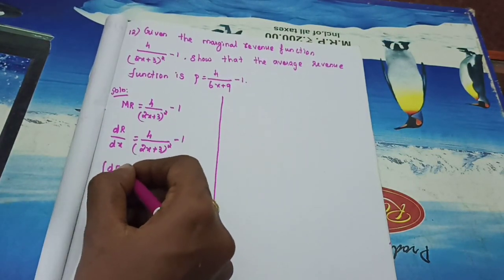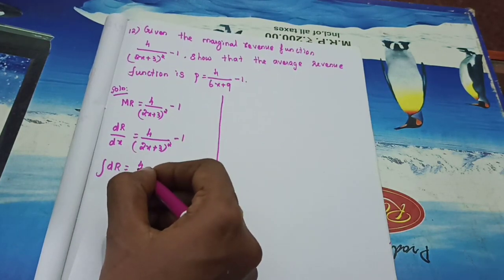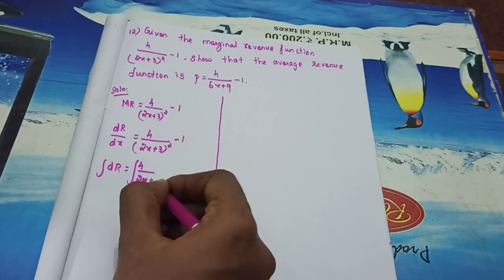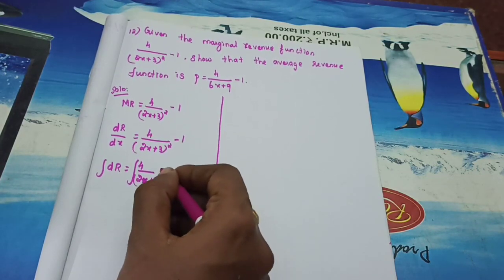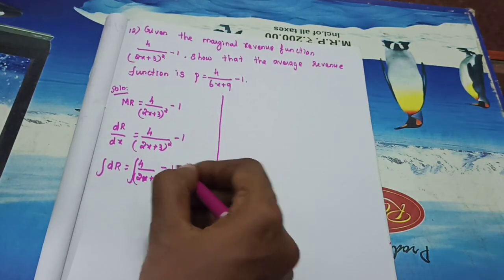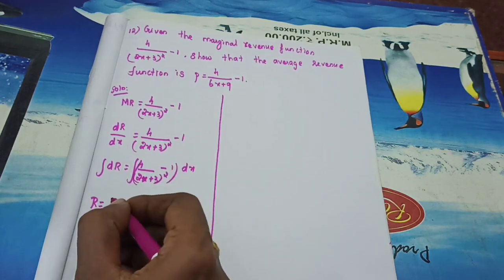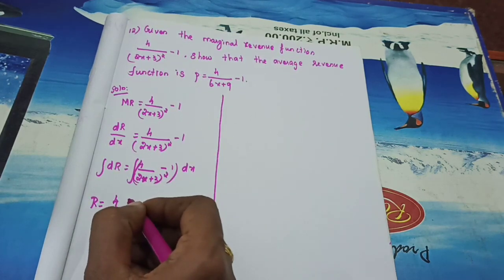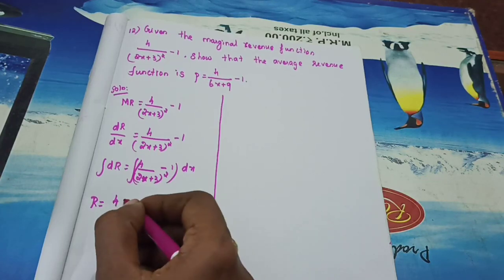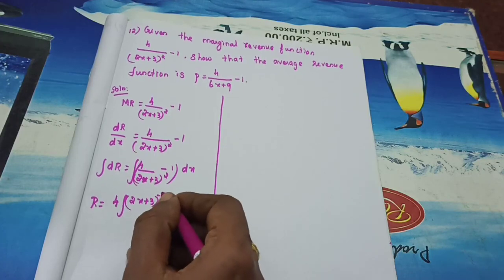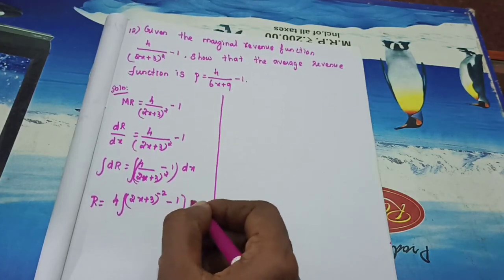That is the integration of dr equal to the integration of 4 by (2x plus 3) the whole square minus 1 dx. Then r is equal to 4, which is a constant; keep it in mind. You can bring this to the numerator, that is (2x plus 3) to the power minus 2, minus 1, dx.